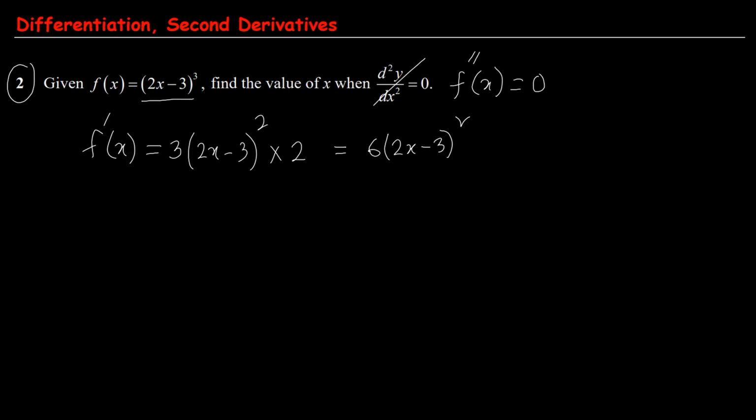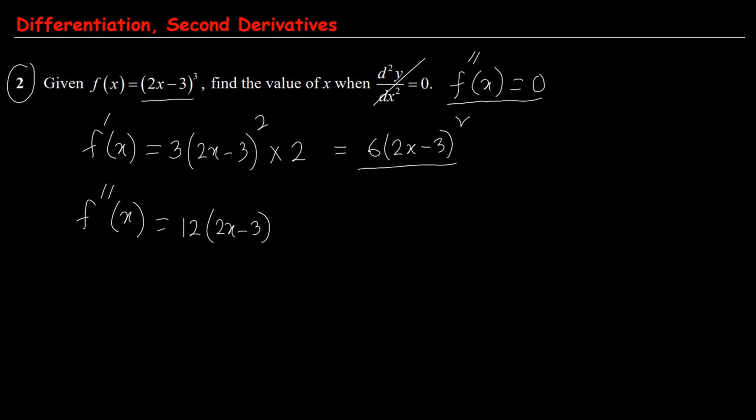Because it is written here f double prime x, f double prime x means if we differentiate the first derivative expression a second time, then we get the second derivative. So it gives us the same way, chain rule to apply: 6 into 2, then inside the bracket it is written 2x minus 3.